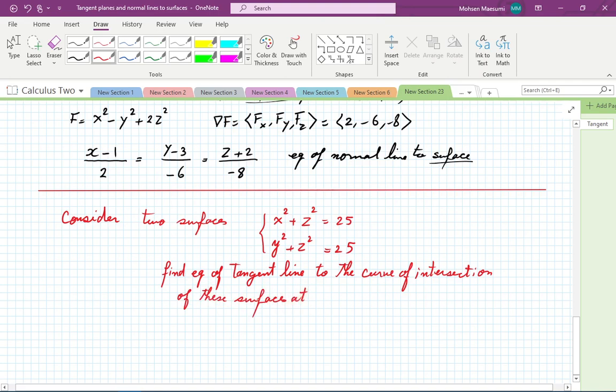They cut each other on some curve, and the question is focus on point coordinates 3, 3, 4, and then find out what that line is going to look like.